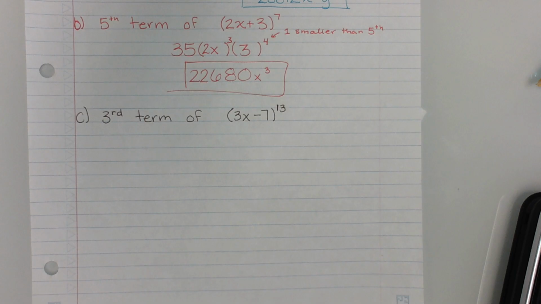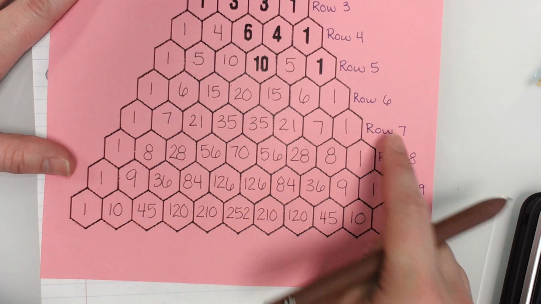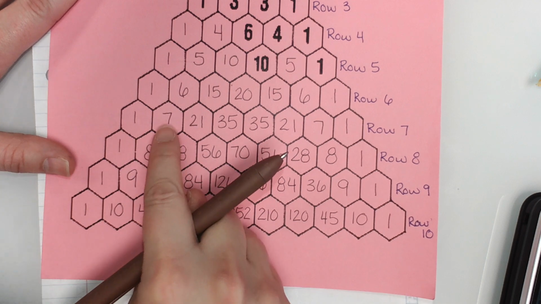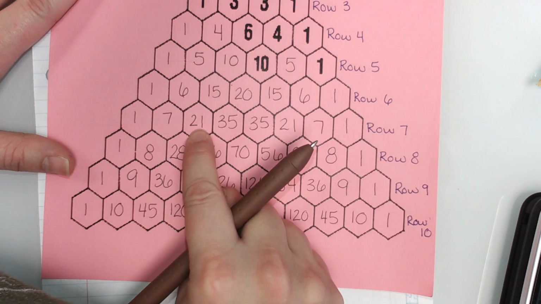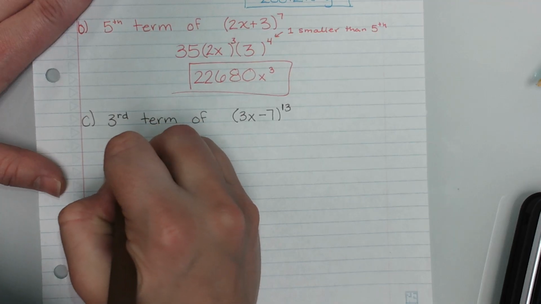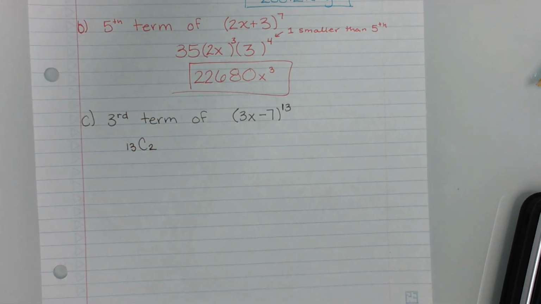If you're going to use the combination rules, I need the third number in, but remember that as you count in, if you're doing the combinations, it's combination 0, combination 1, combination 2. So if I want to go 3 in, I'm going to do 13 combinations of 2.